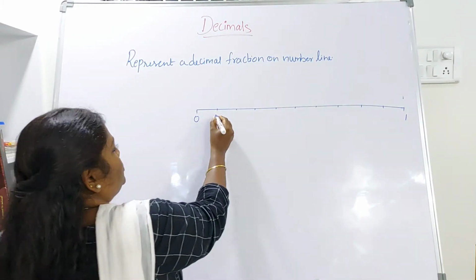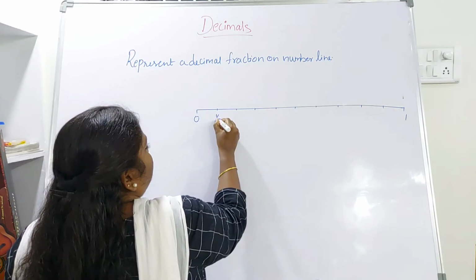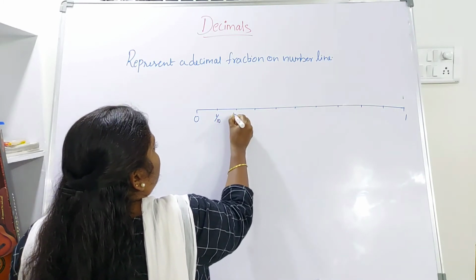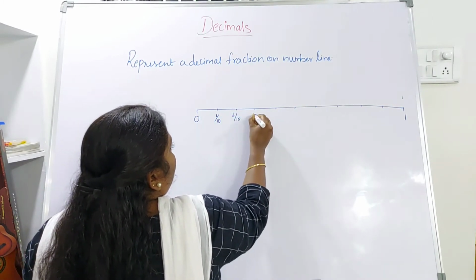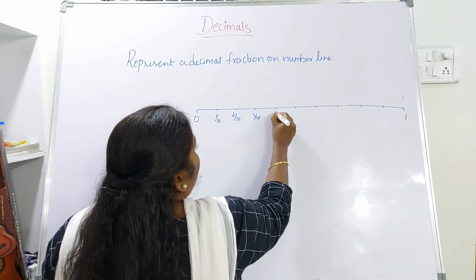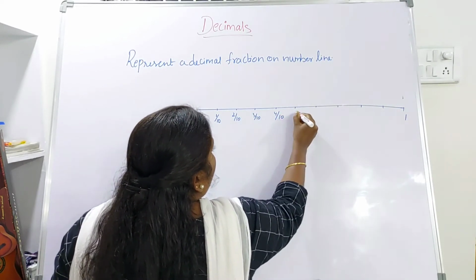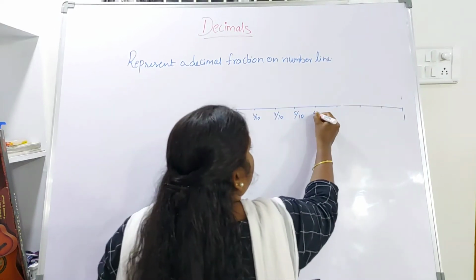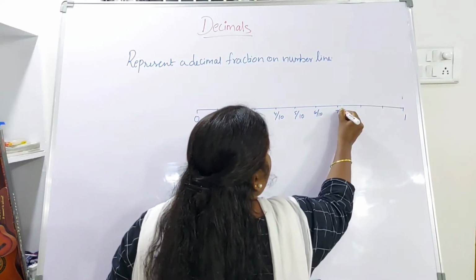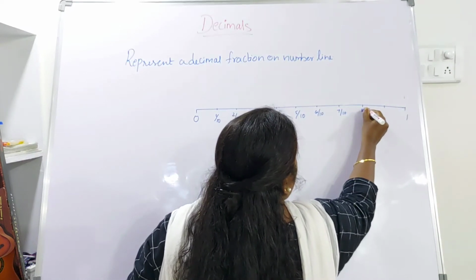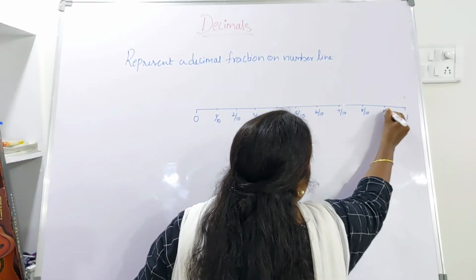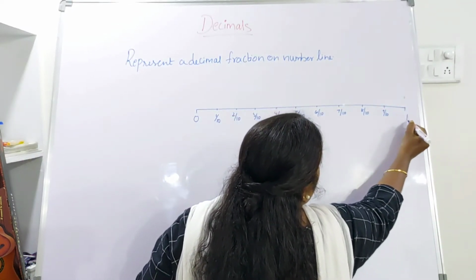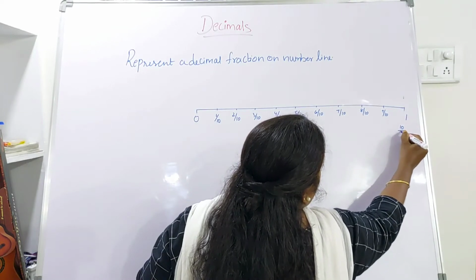Now this first one is 1 by 10, 2 by 10, 3 by 10, 4 by 10, 5 by 10, 6 by 10, 7 by 10, 8 by 10, 9 by 10. So this is nothing but 10 by 10.